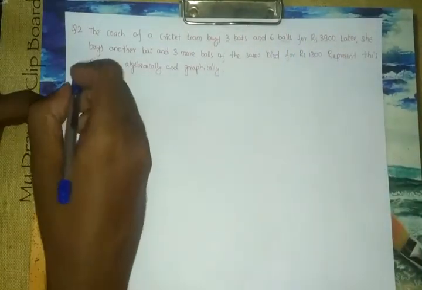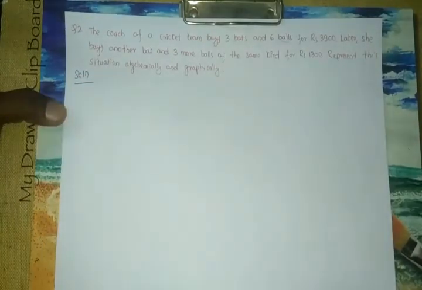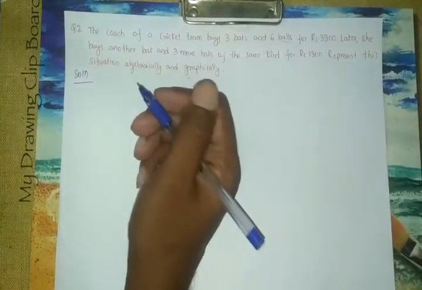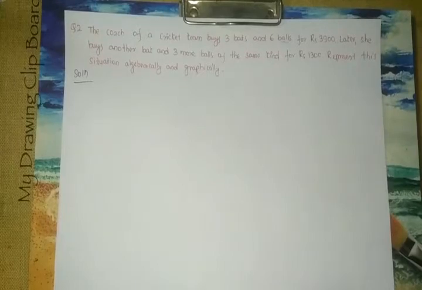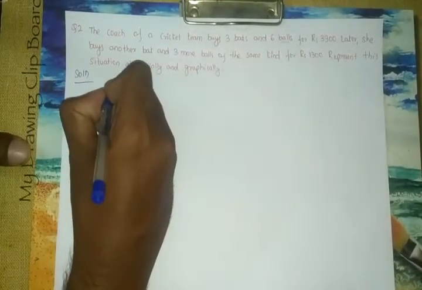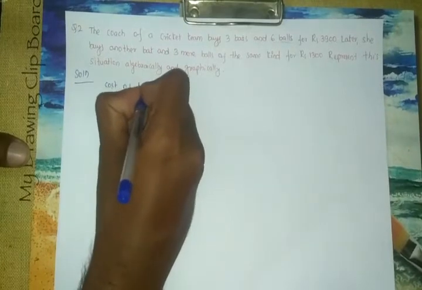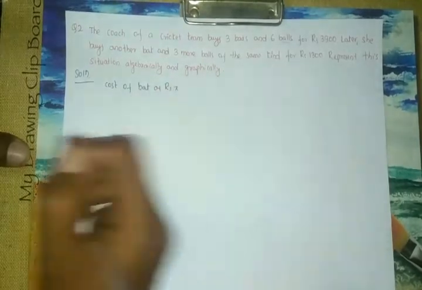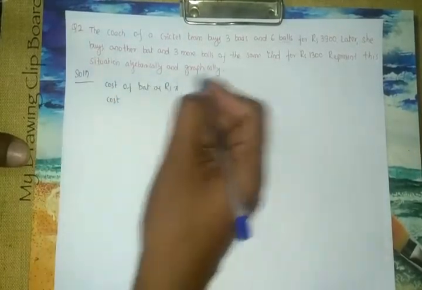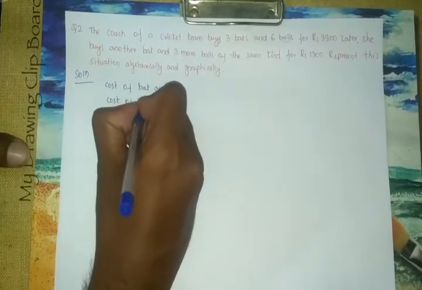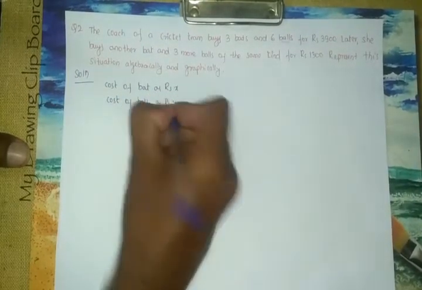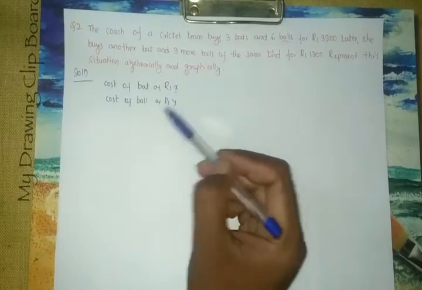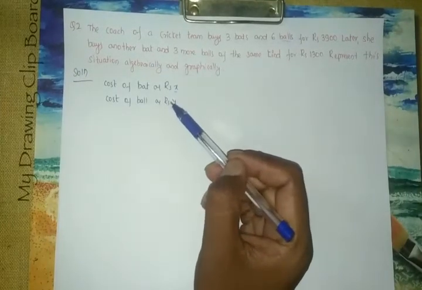So I will say the cost of bat is rupees X, and one more variable I have is ball, so cost of ball is rupees Y. I have represented the cost of one bat as rupees X and cost of one ball as rupees Y.